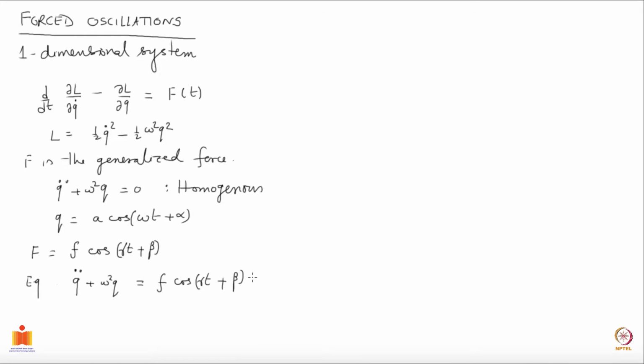And this equation is not homogeneous. This is a non-homogeneous equation. The most general solution to this non-homogeneous equation, q of t, would be the homogeneous part, which is A cos(omega t plus alpha), plus a particular solution.